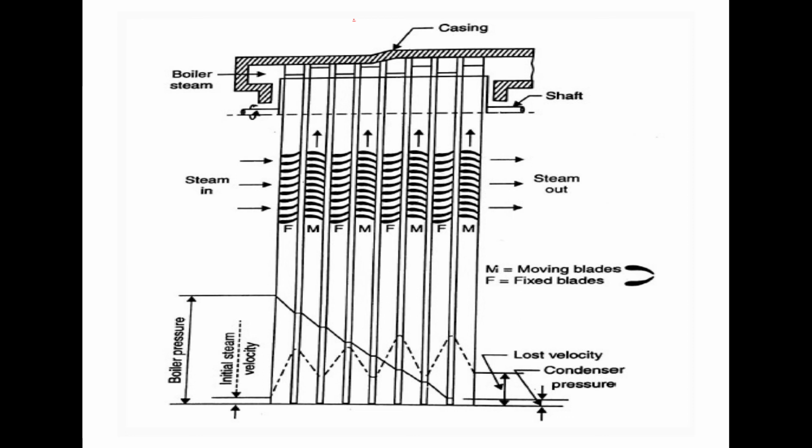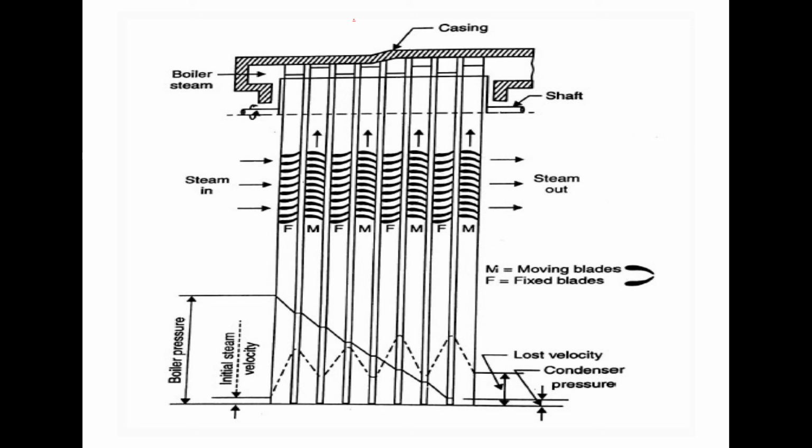During the steam entering through the turbine blades, the boiler pressure starts to reduce stage by stage. Finally, the steam velocity will increase when the pressure drops down. The condenser pressure also provides the boiler pressure reduction.